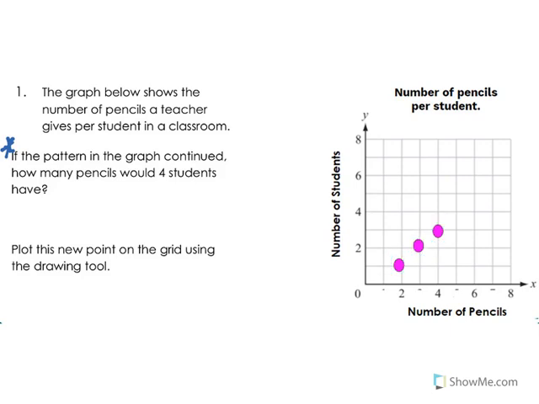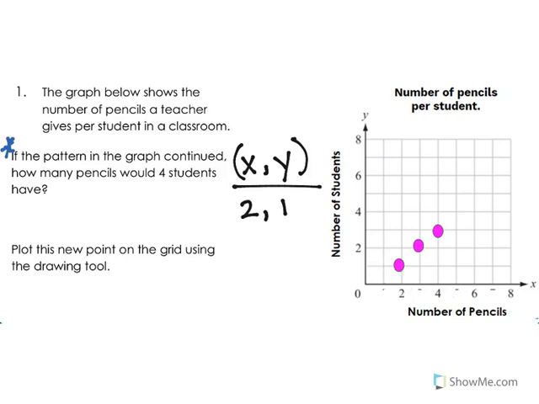I know an ordered pair has to be written with x first and y second. So let's look at this first one. I can see that the ordered pair for the first one is 2, 1. This makes sense because it's at 2 on the x-axis and at 1 on the y-axis.